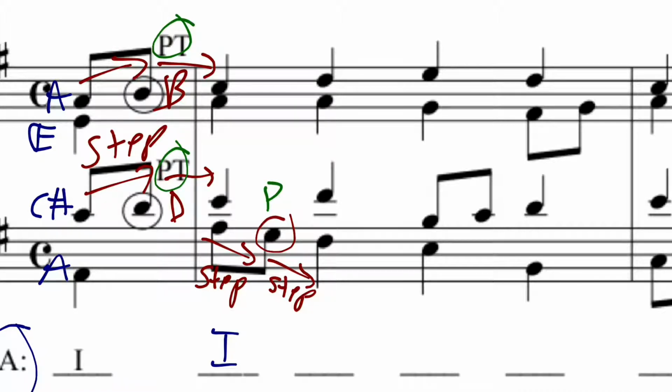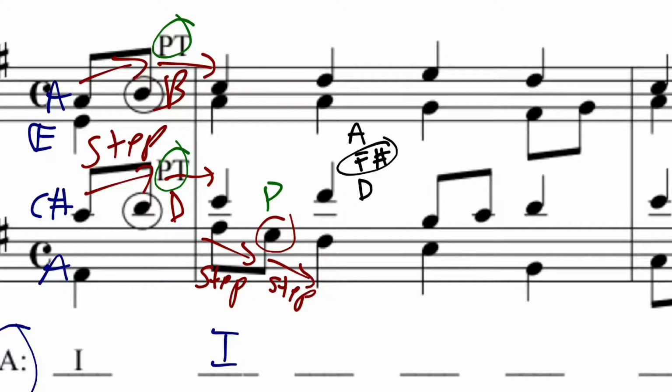Okay, then what's our next chord here? We have an F sharp, another F sharp, A, and D. So it really should be D, F sharp, A, in that order. It happens to have the F sharp on the bottom.